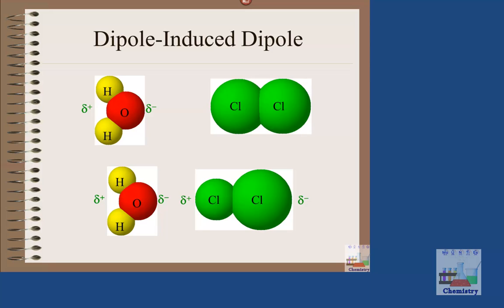In that same instant, you will have a force of attraction between the partial negative of the oxygen end of water and the partial positive end of the chlorine molecule that's been induced. And that's the point at which that attraction occurs. But again, as soon as those molecules move apart from one another, the oxygen leaves and the induction of that dipole moment in the chlorine molecule leaves, and it returns to what you would see in the first image, a nonpolar molecule.